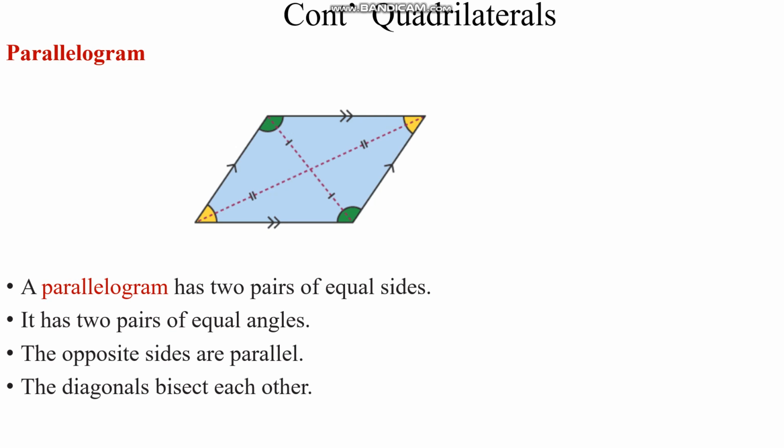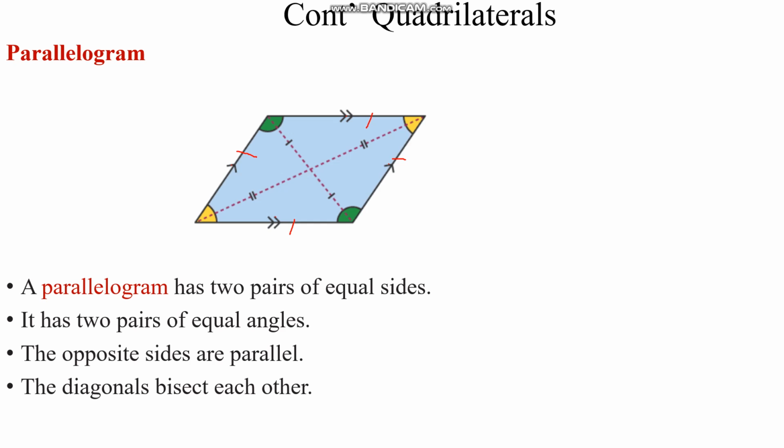And then we have a parallelogram. A parallelogram has 2 pairs of equal sides. As you can see, this line is equal to this line, then this side is equal to this side. And you need to know that the opposite sides are parallel. So this one is parallel to this one, and this one is parallel to this one.